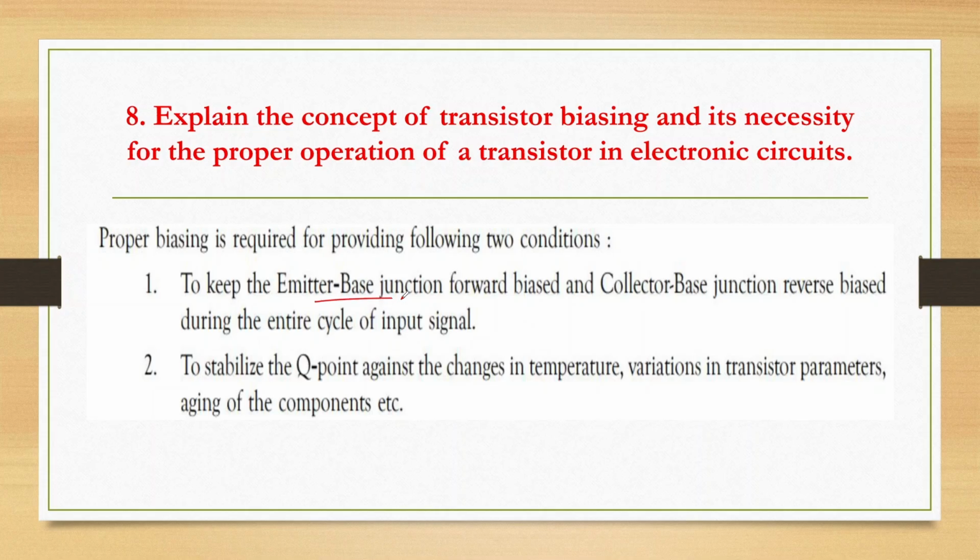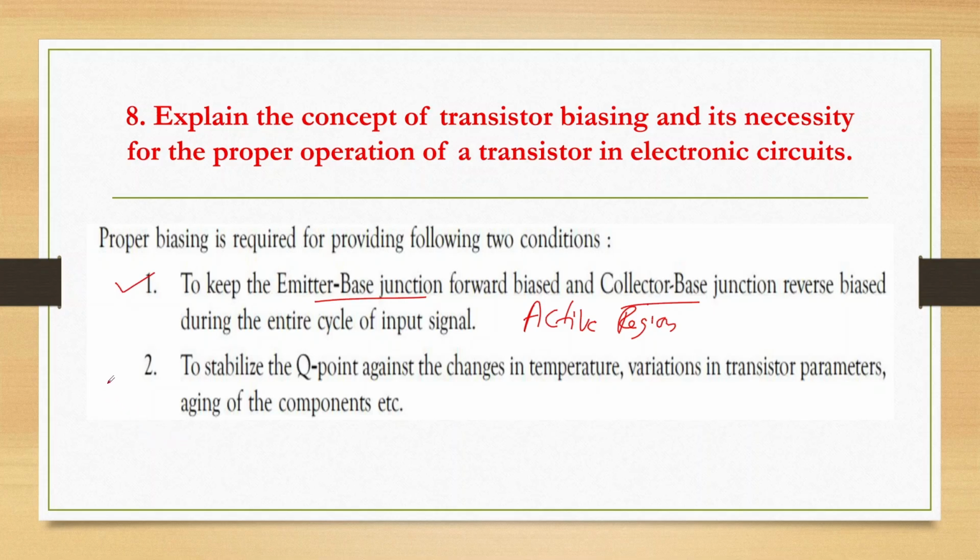If you do this, then only the transistor will be in the active region. This is one of the necessities of transistor biasing.